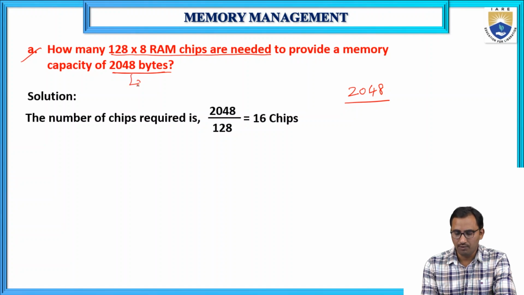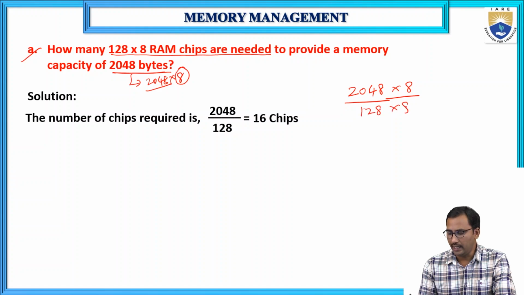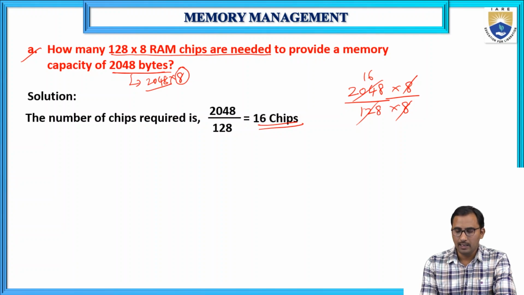If you write the data size also, 2048 into 8. This 2048 is the number of memory locations and this is the word size. So 2048 into 8 by the available memory chip size, 128 by 8. So 8 gets cancelled. 128 into 16 is 2048. That means in total we should have 16 chips in order to design a memory capacity of 2048 bytes.